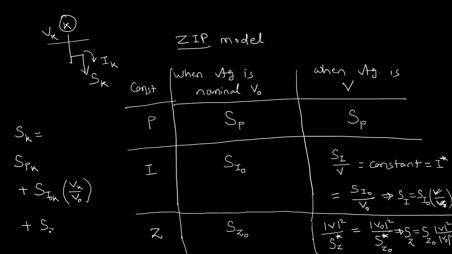And this is SZ0 at the kth bus, and this is mod Vk square divided by mod V0 square. So that is the load power. Now what is the load current Ik? It is basically, sorry.